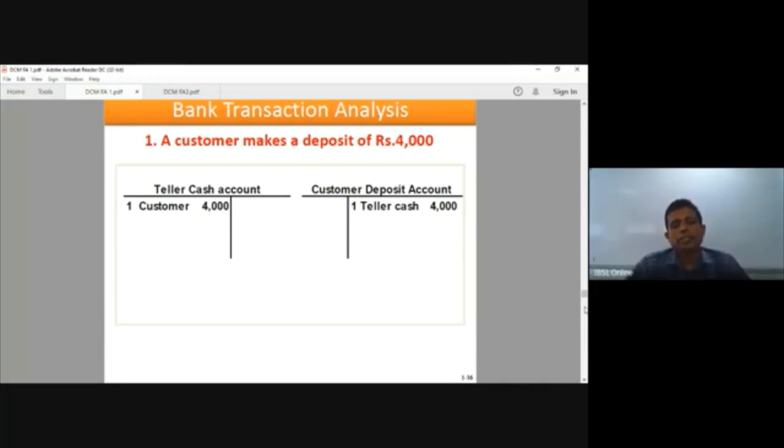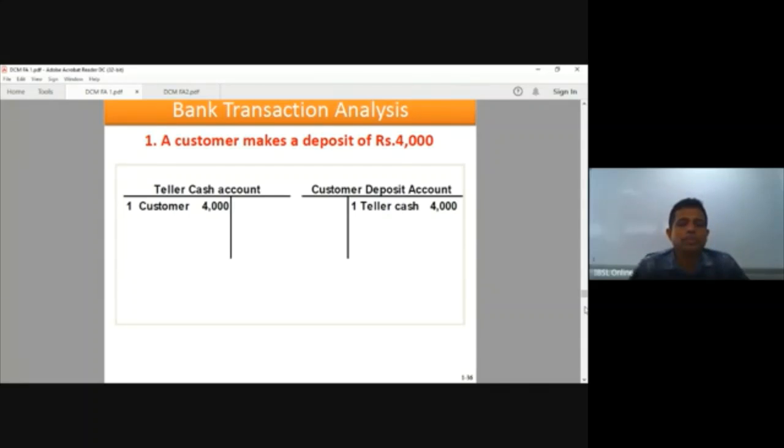Now, I also recall a few transactions from a bank's point of view. This is the transaction I referred to when I commenced the double entry system. A customer makes a deposit. Now you should be in a position to tell me why you debit the teller cash account and why you credit the customer's deposit account.